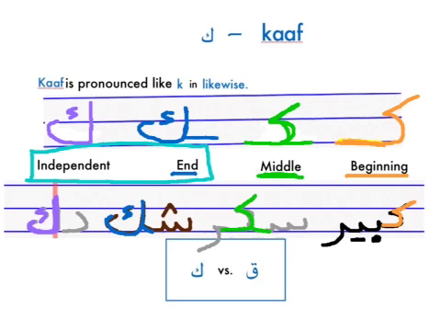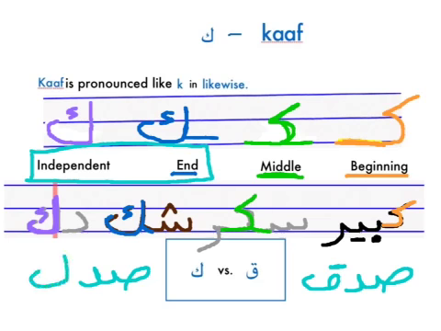Here are other good examples. The word saddaq versus the word saddak. So the letter kaaf makes the sound k, like in the word saddak, and the letter qaaf makes the sound q, like in the word saddaq.